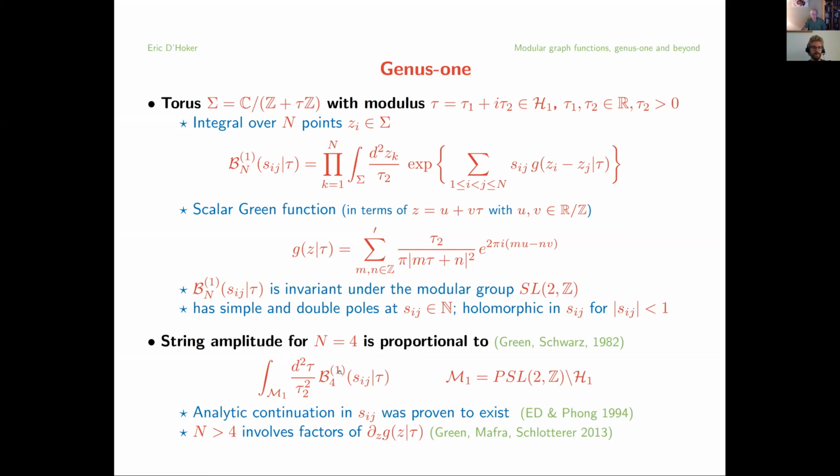In fact, this integral is convergent absolutely only when the real part of Sij is 0. So that's essentially a multiple line. But it was proven a long time ago that the analytic continuation exists, and if it exists, it's unique. And then I said, indeed, if you go to higher point functions, there are derivatives of the Green's functions at n, and so on and so forth.